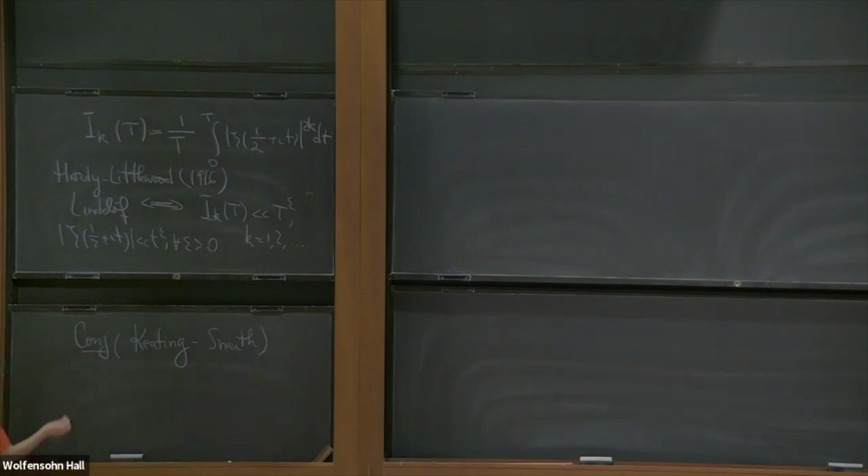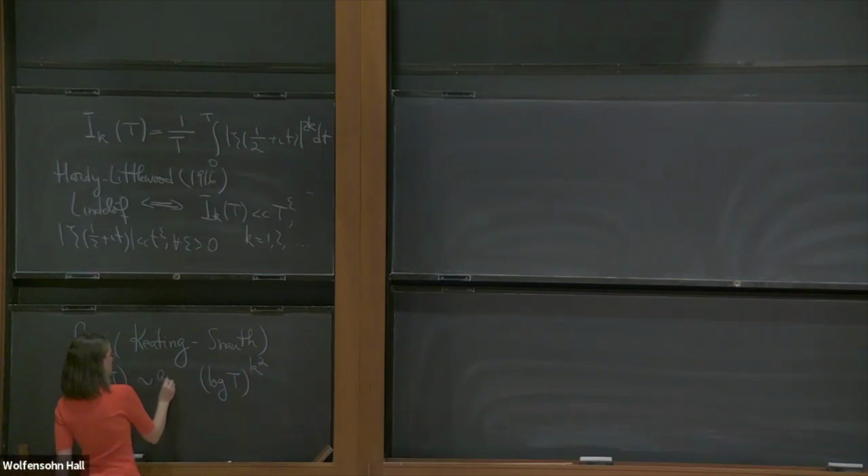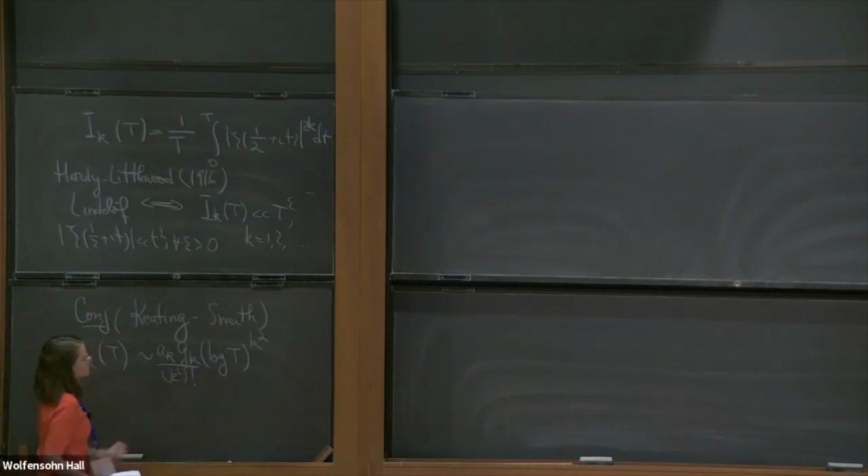The conjecture is that I_k(T) is asymptotic to (log T)^(k^2) times some constant c_k, which we will write as a product between two factors, a_k and g_k divided by (k^2)!. The (log T)^(k^2) part is not so hard to guess, and we've already seen this discussed in Sound's talks.